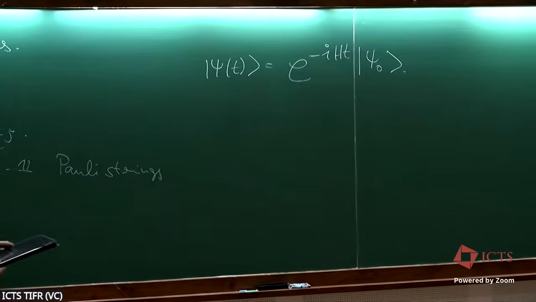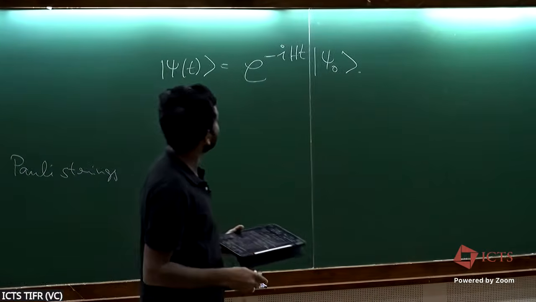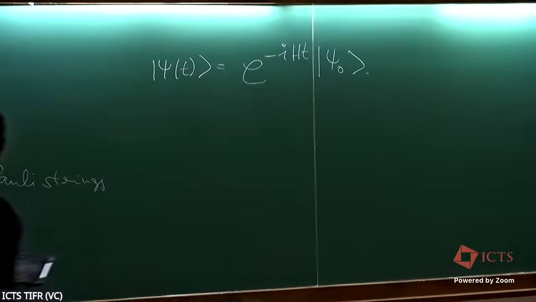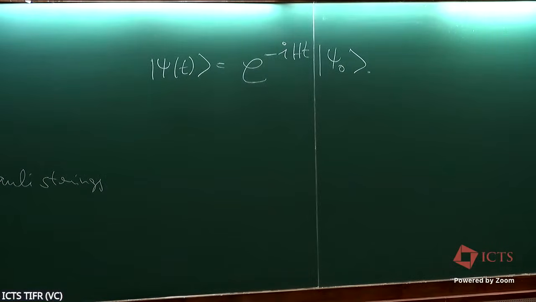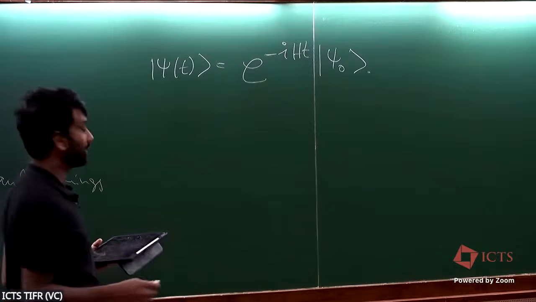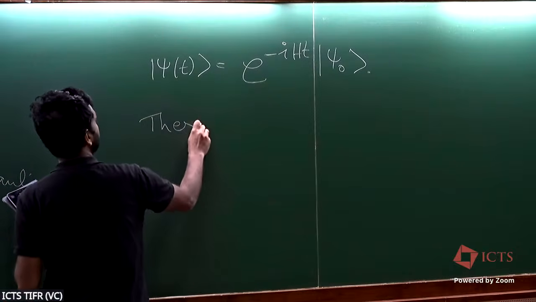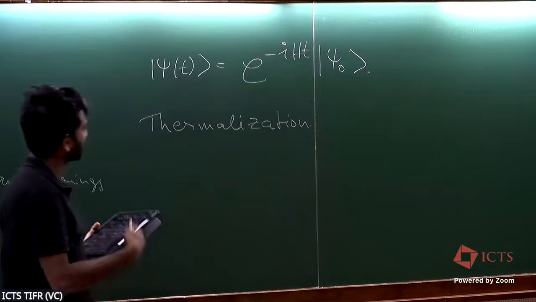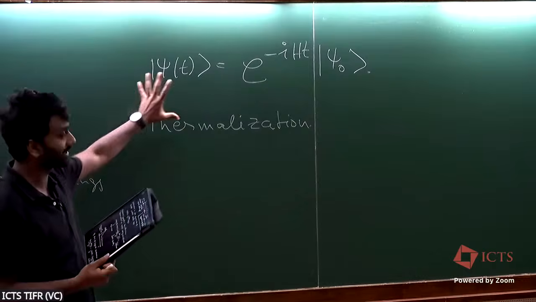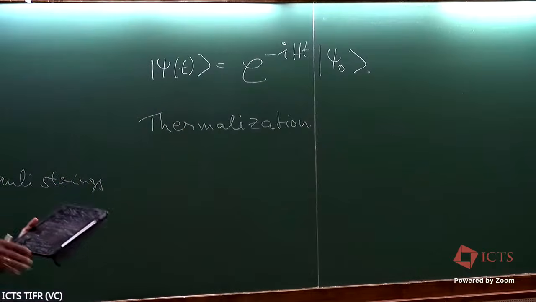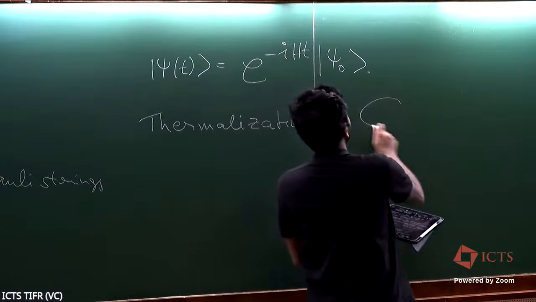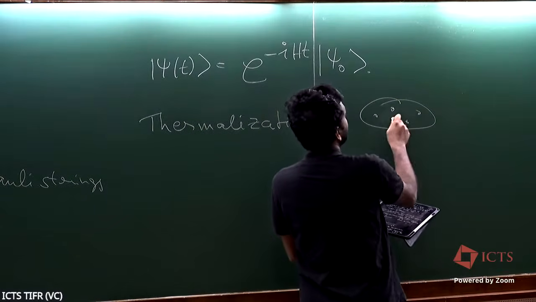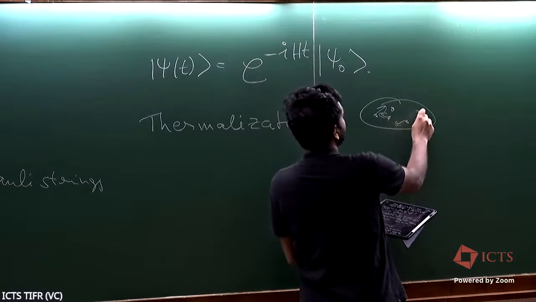Now you know that if your Hamiltonian is sufficiently generic, in practice, if I just start with a simple initial state and evolve it, there is this phenomenon known as thermalization, which is the analog of the classical version of thermalization, where you start with some nice configuration of balls in a stadium, and each of these balls has some random velocity.